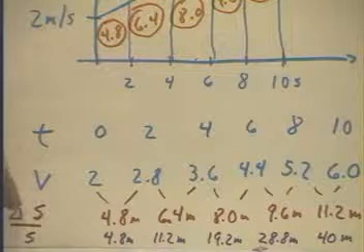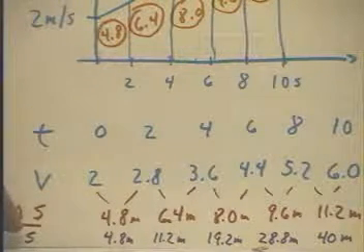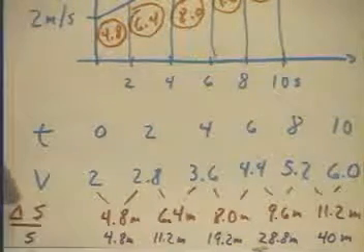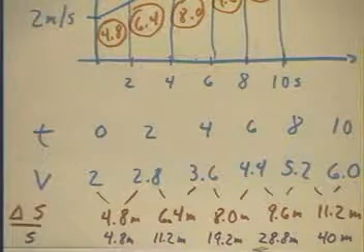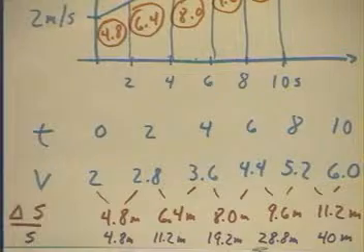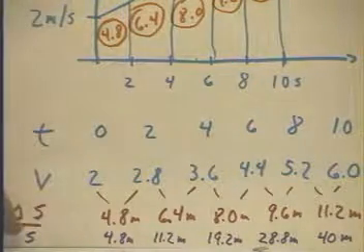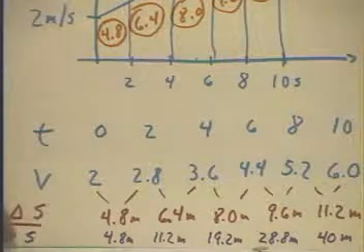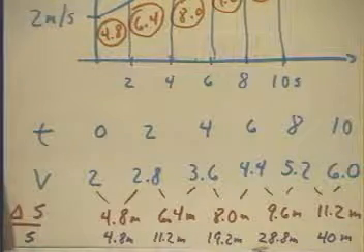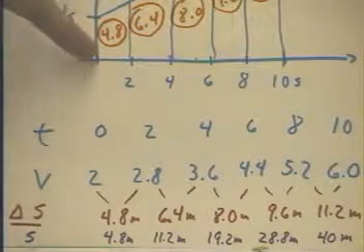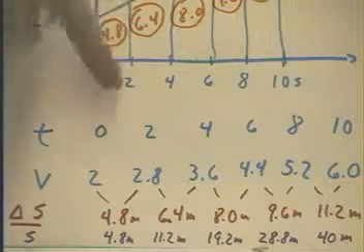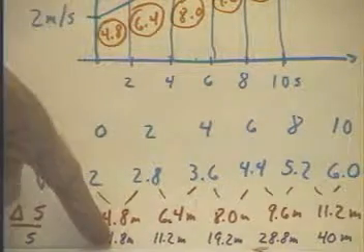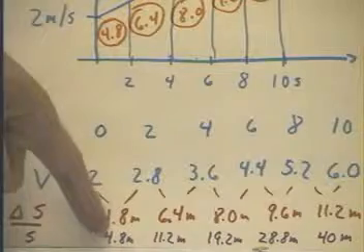And then if we want to find S, and this looks like delta S divided by S, and that's just a line to separate the delta S and the S, so don't be confused by that. If we want to find the actual positions, assuming that we start at position 0, well, if at t equals 0, the position is 0 and the displacement is 4.8 meters, then at time t equal 2, the position itself will be 4.8 meters.